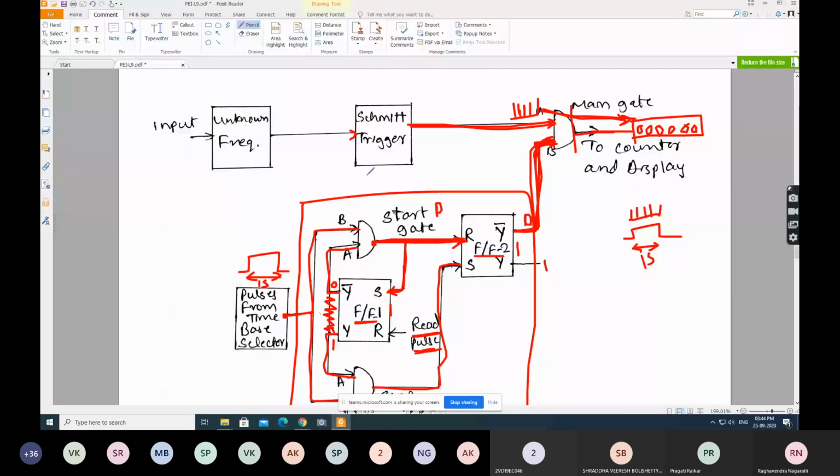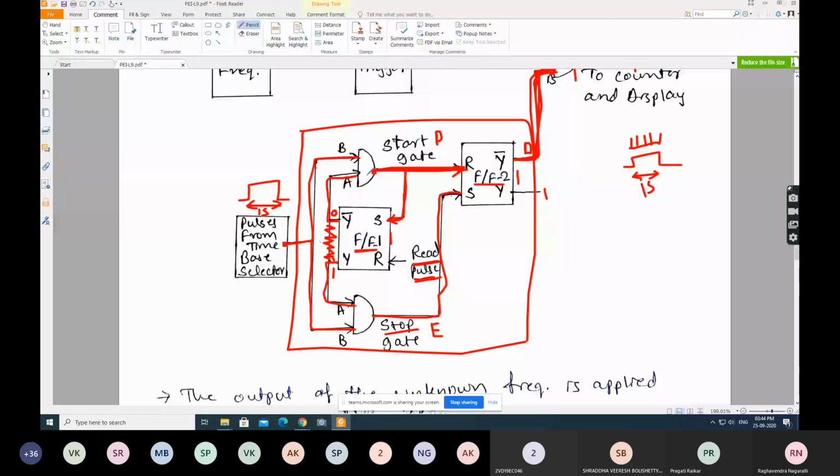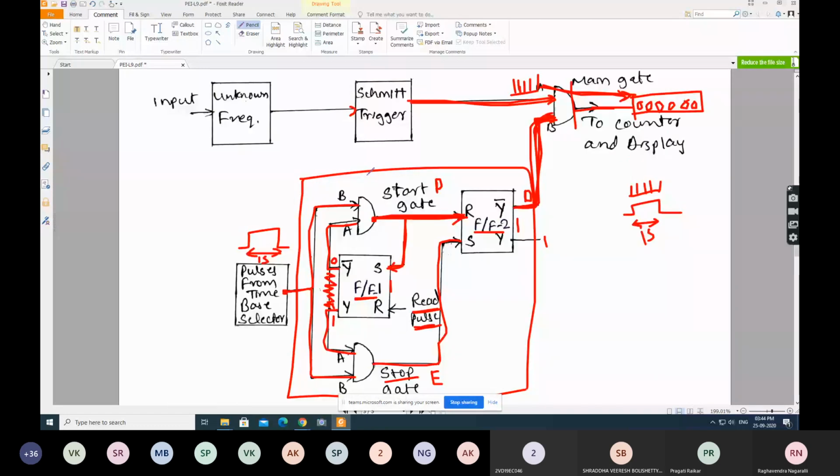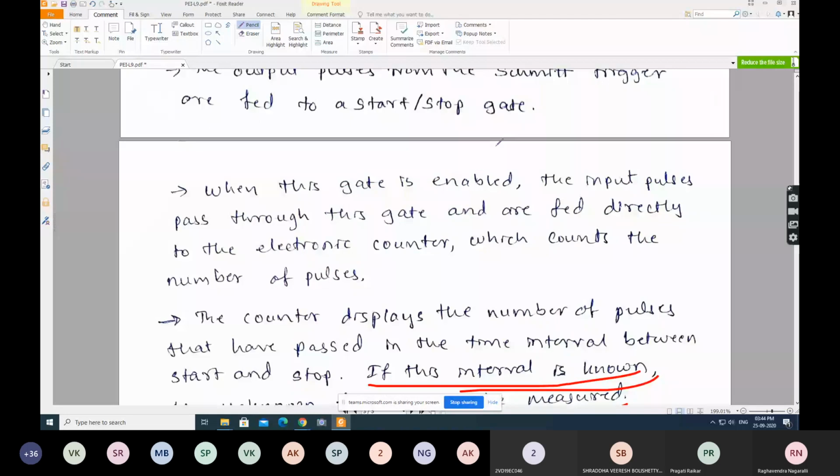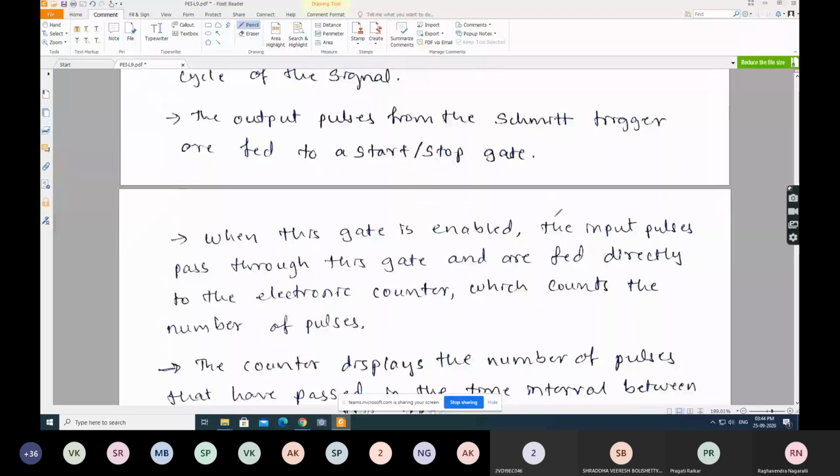If in exams they ask for 8 to 10 marks, you need to draw both of them and explain both of them. 1 to 2 pages of explanation will be enough for this 10 marks question.